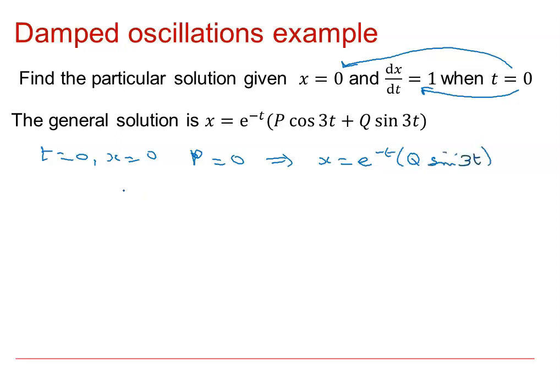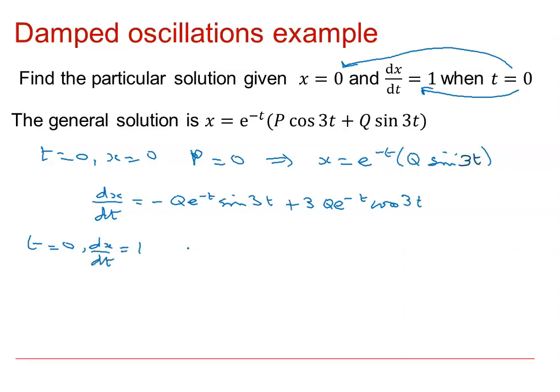And we now need a dx by dt. We need to differentiate this to get a velocity expression. So using a product rule, that's minus q e to the minus t sine 3t plus 3q e to the minus t cos 3t. And we know that when t is 0, dx by dt is 1.